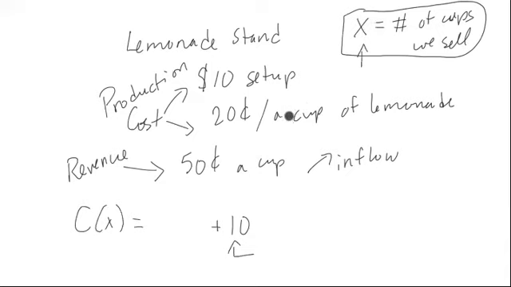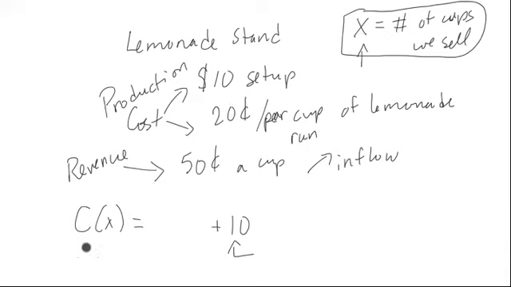Then what about this 20 cents per cup? Well, per cup, think about what that means. Per cup means per one more value in the X direction. One more cup is one more in the X, which is run. So 20 cents more in an output.